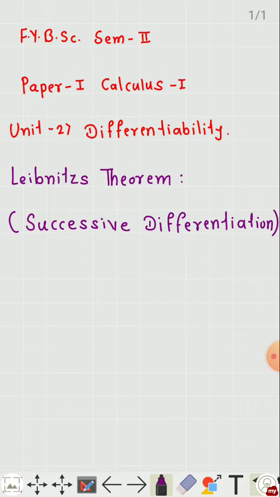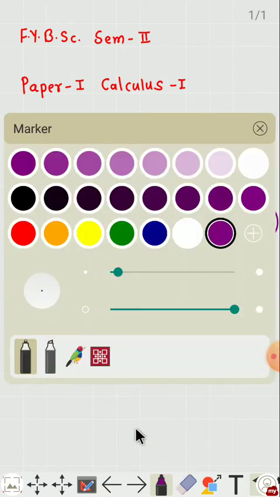Okay, so let us begin the study of higher order derivatives by finding the nth order derivative of some standard functions. Okay, so there are some standard functions. Let us take the first standard function.